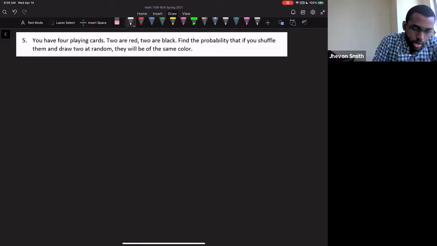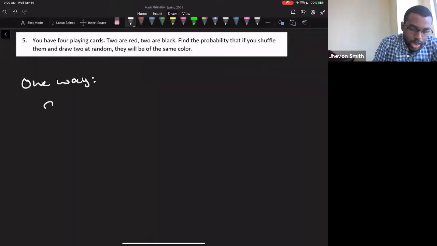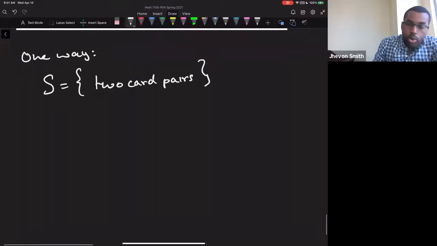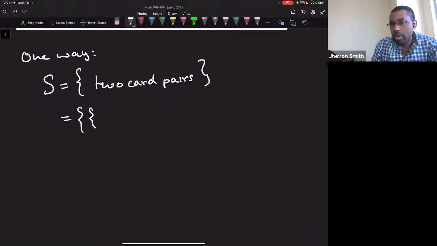Okay, so one way, I guess. There are of course multiple. So the S is going to be the set of all 2 card pairs, which you are thinking of as a set of sets. Is that correct? Because once you're using combination, that's what you're actually doing.